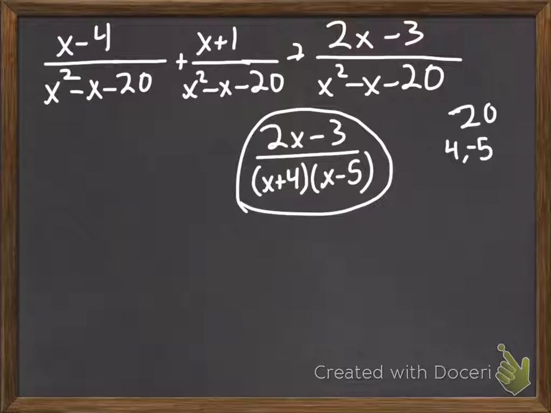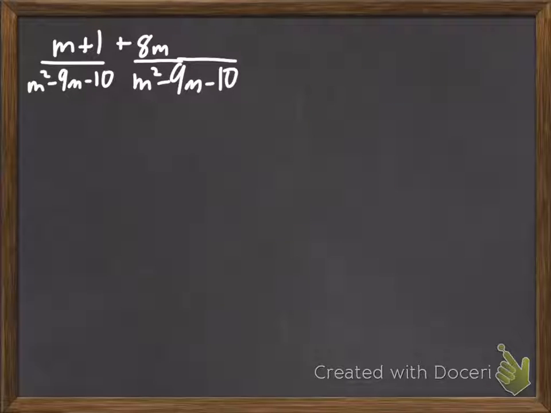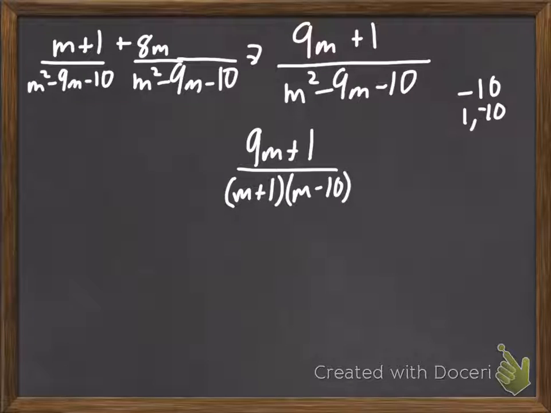Again, you may need to refresh yourself on simplifying quadratics by factoring. That's alright. Here's an example for you to try so you can actually practice that. So go ahead and pause the video and practice this now. Alright, and here is the answer to your example problem, so go ahead and check your answer with mine.